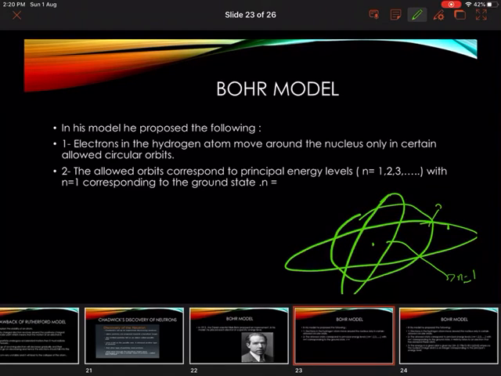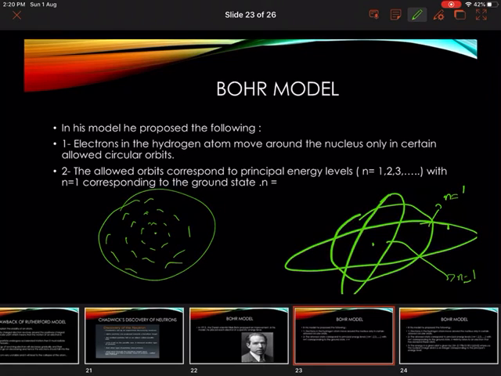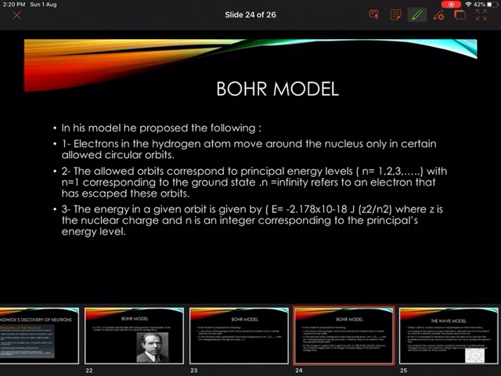For example, if this is energy level 1, energy level 2, and energy level 3, no electrons exist in between the energy levels. The first energy level we call the ground state level.